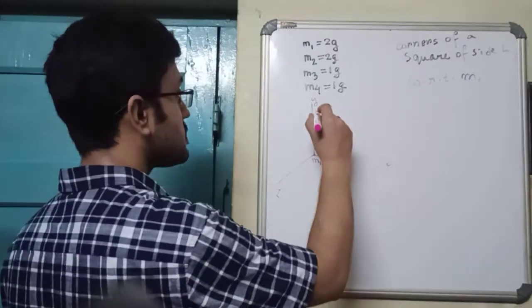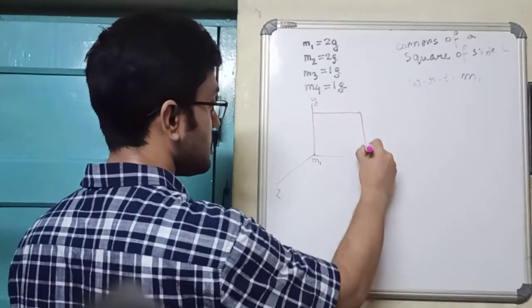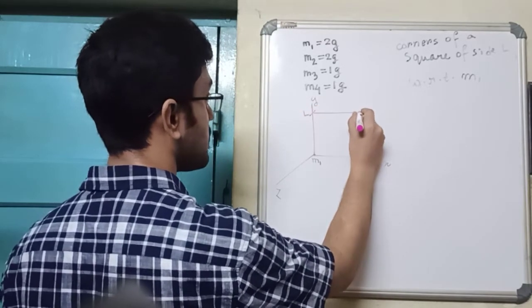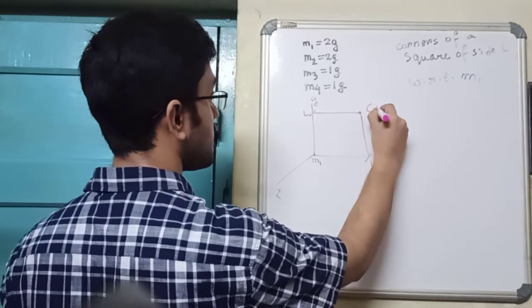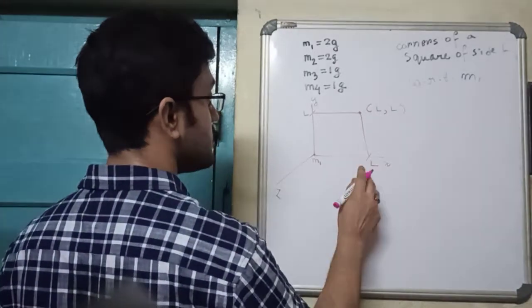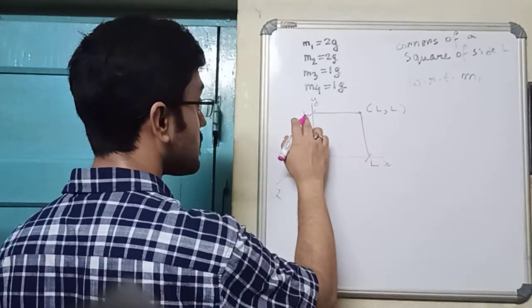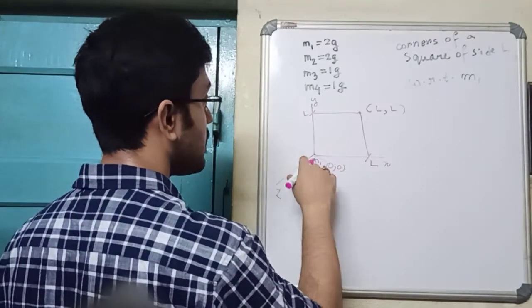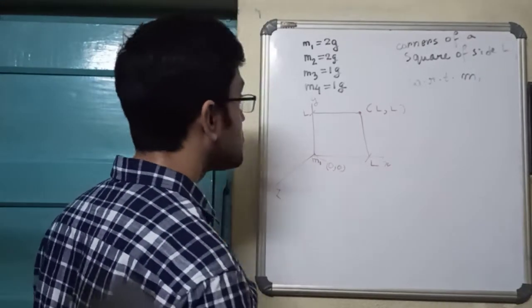From here, if we construct a square of side L, this coordinate is L, this coordinate is L, and this coordinate graphically is L comma L. This one has a y value 0, this one has an x value 0, and this is origin, so it is 0 comma 0. And there are the four particles which are situated.